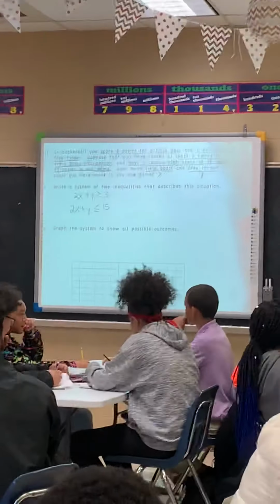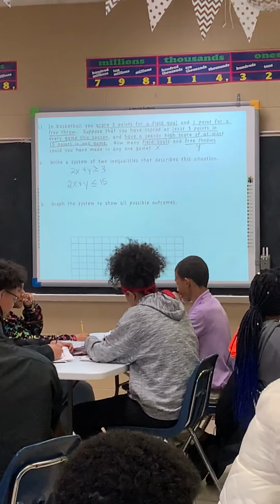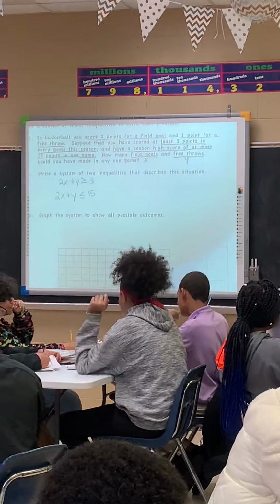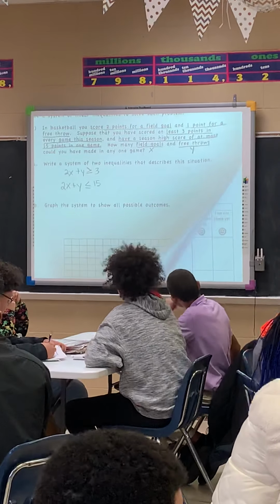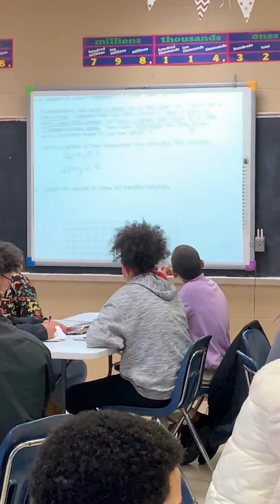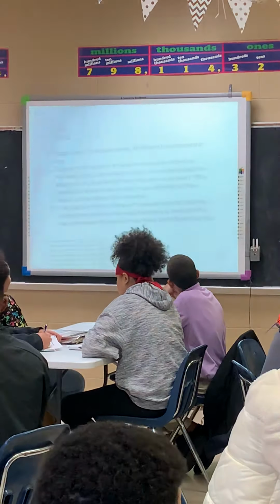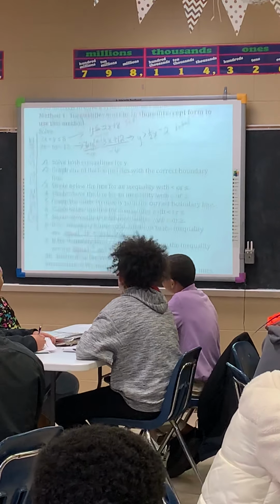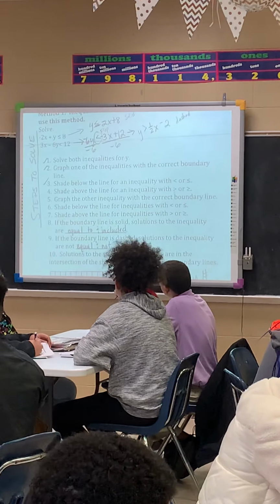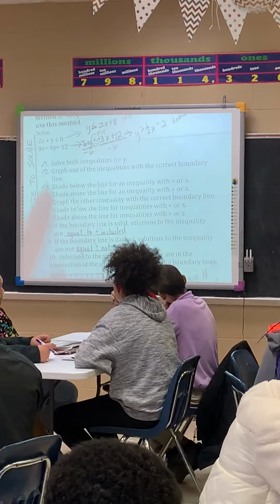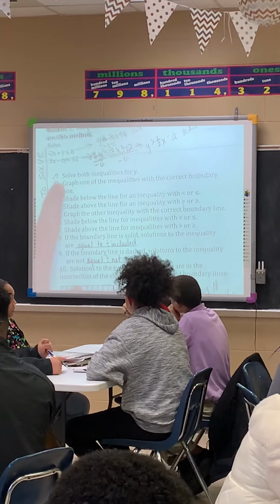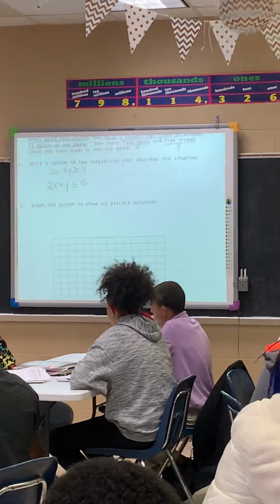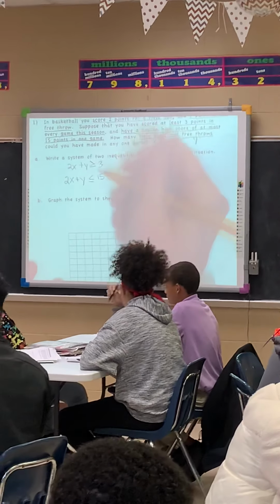Alright? So now, if we're looking back at our directions, right there, it said to solve both inequalities for Y. That's our first step, right? So let's go back and isolate these.